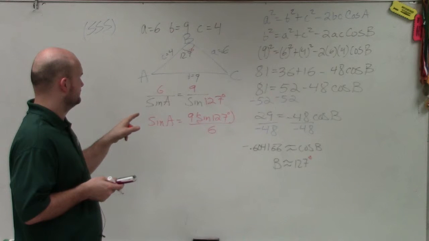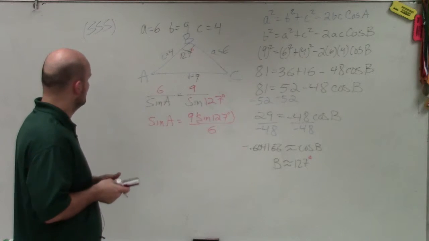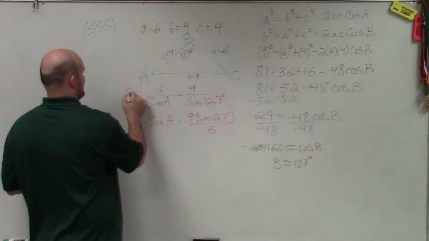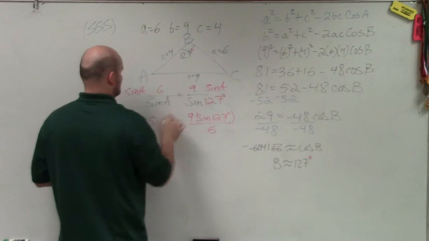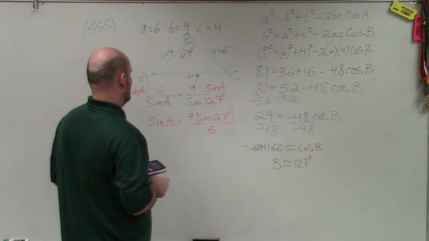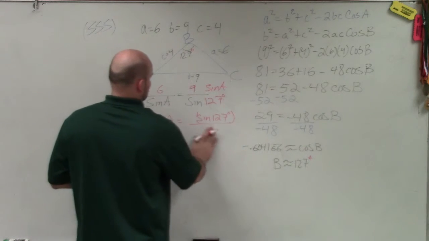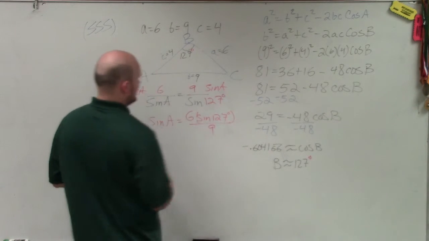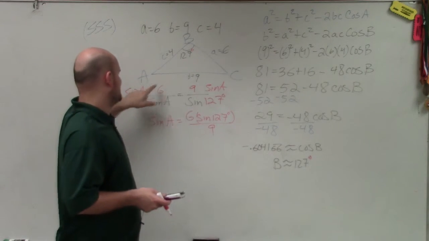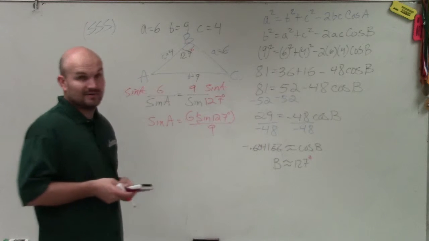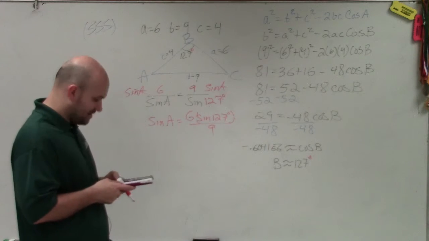Why am I getting this confused? You multiply by the sine of A on both sides. And then it's 6 and 9. I had it right the first time. So that multiplies out. Then you multiply by the sine of 127, then you divide by 9. I don't know what's wrong with me. I'm sorry. Okay, so anyways, let's figure this out.